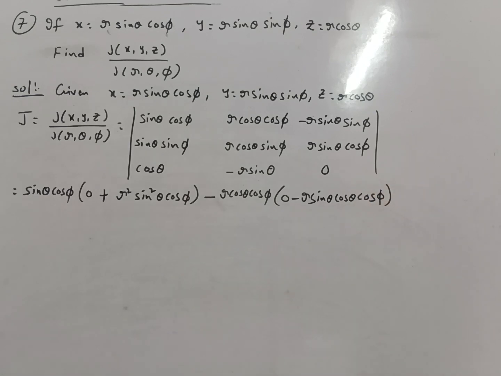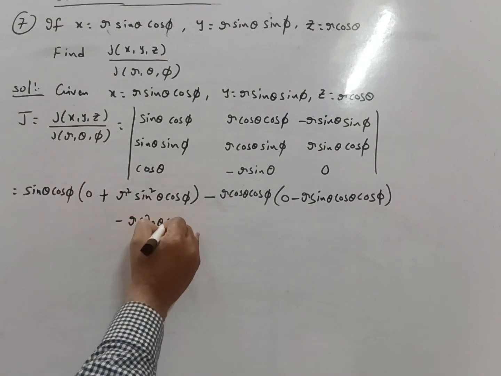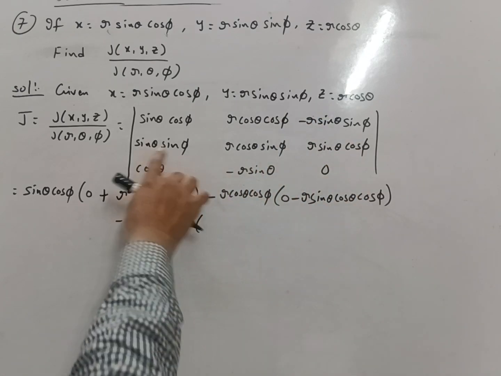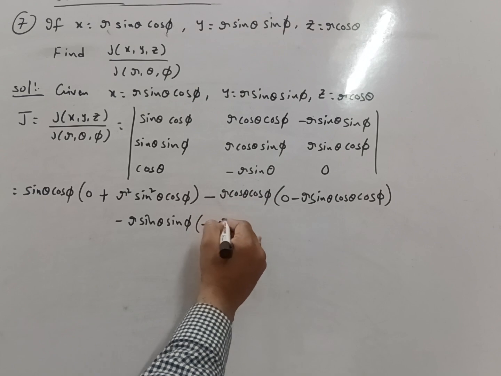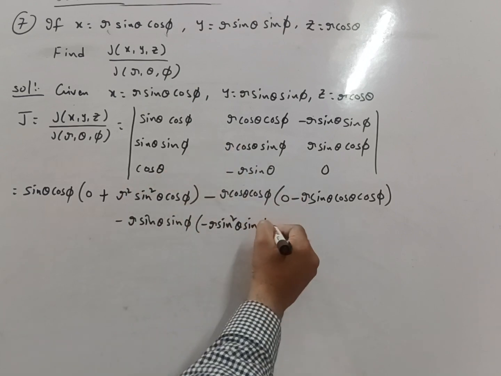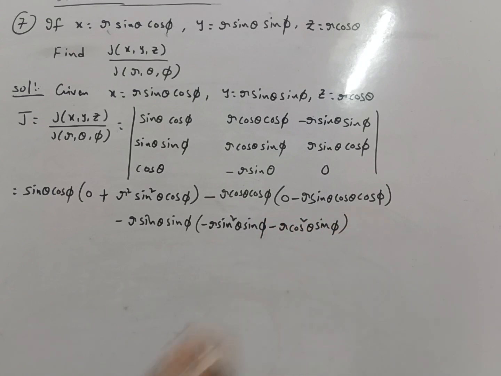Next, last this one, minus r sine theta sine phi, bracket begin. We have to leave this row and this column, minus r sine theta into sine theta, sine square theta sine phi, minus r cos square theta sine phi, correct?